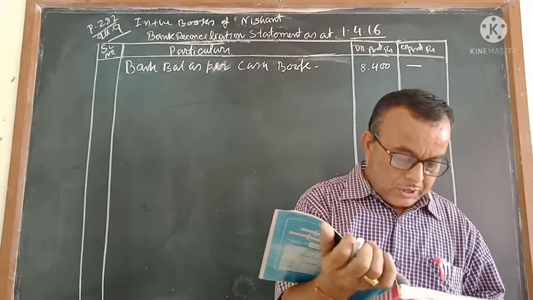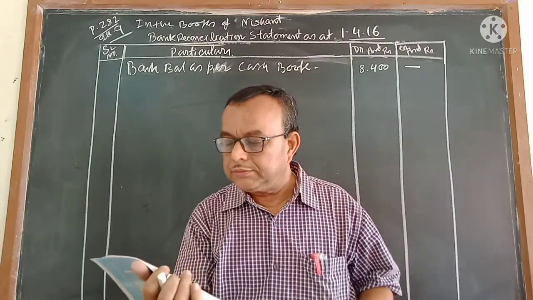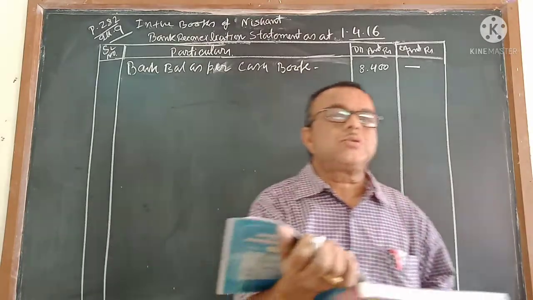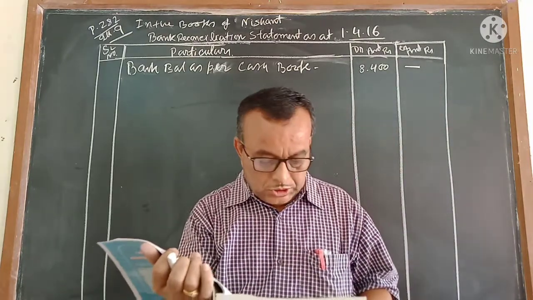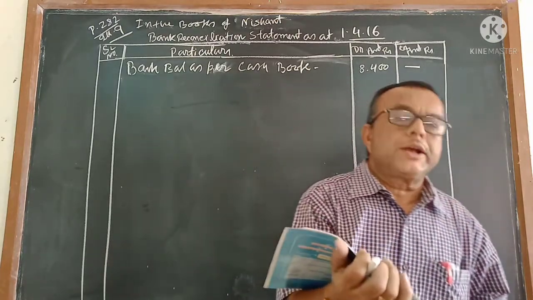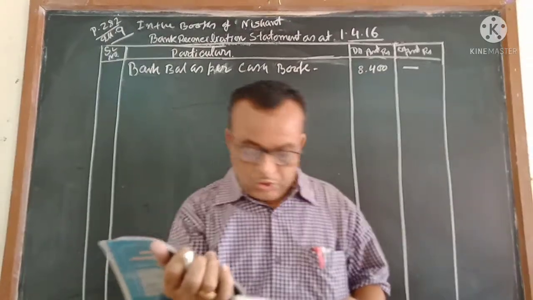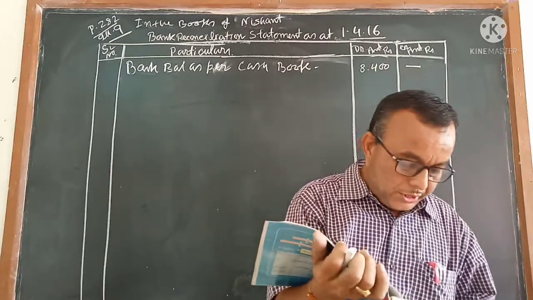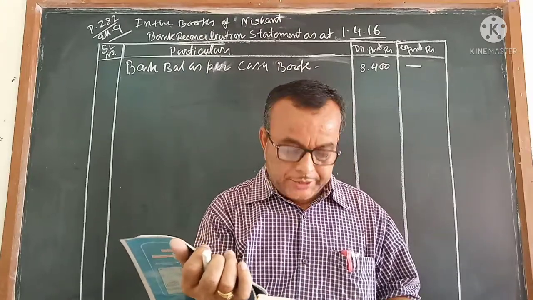Next, RIA account is debited 3,000, but it is not credited there. So first of all, you have to identify which amount is recorded in one book and not recorded in another book. This is the one amount which you got, cash book debit column 3,000. It is debited in the cash book but not credited. Next is 200. Also the same, it is debited in the cash book but not credited.